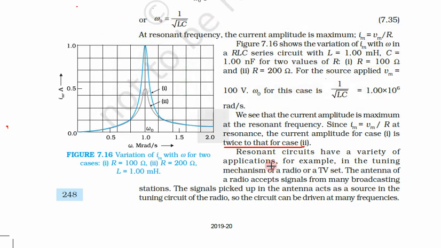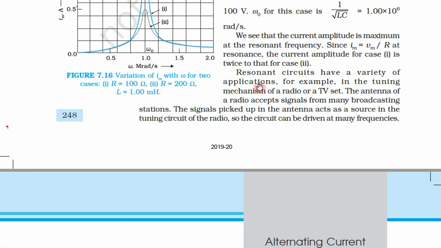Now the actual current will depend on the voltage, how much the voltage is, but definitely in the second case the current will be half. Resonant circuits have a variety of applications, for example in the tuning mechanism of a radio or TV set. The antenna of a radio accepts signals from many broadcasting stations, so there are definitely many stations.